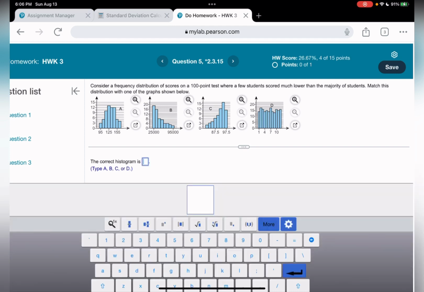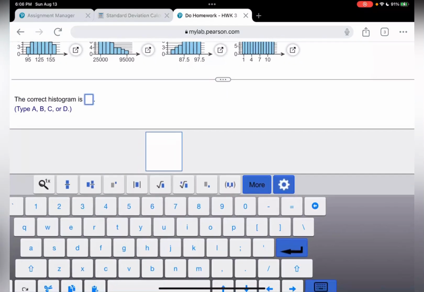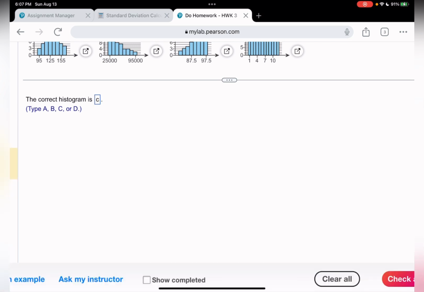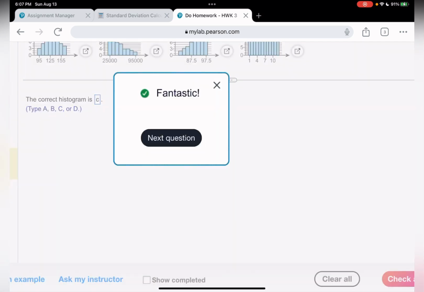So here it's going to be C. Where is my C? Here it is. Fantastic.